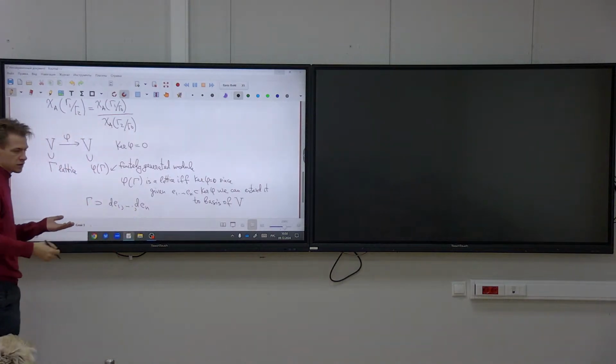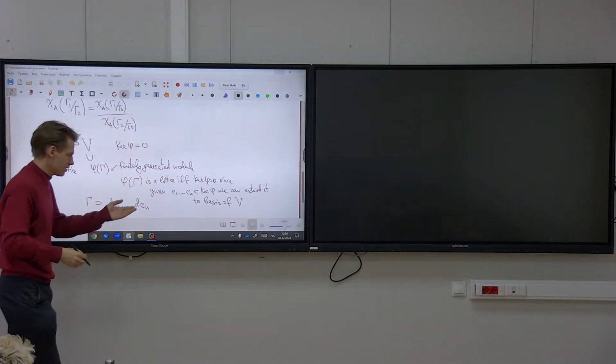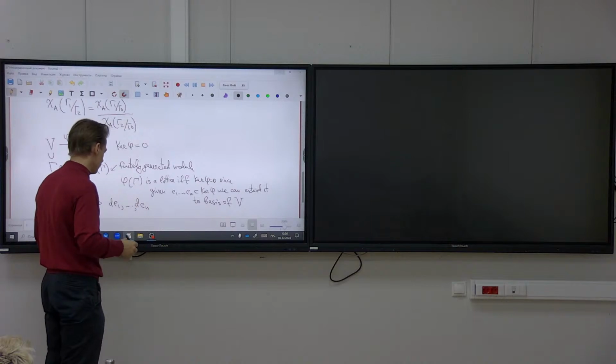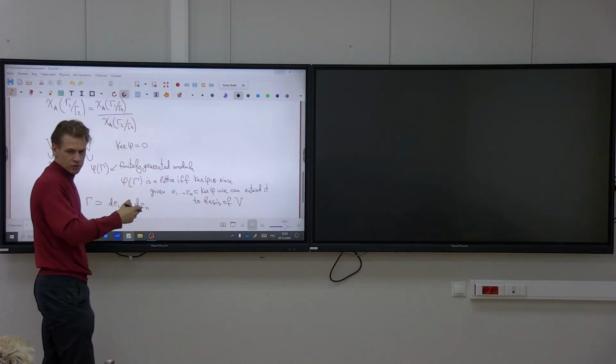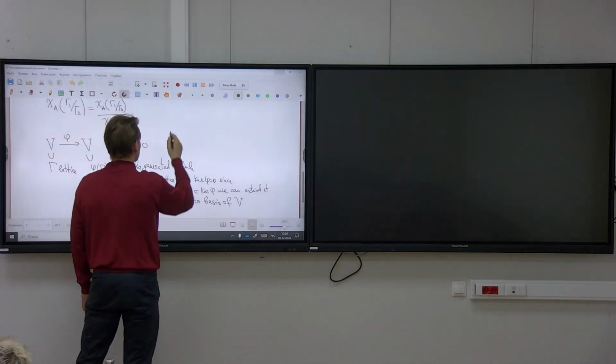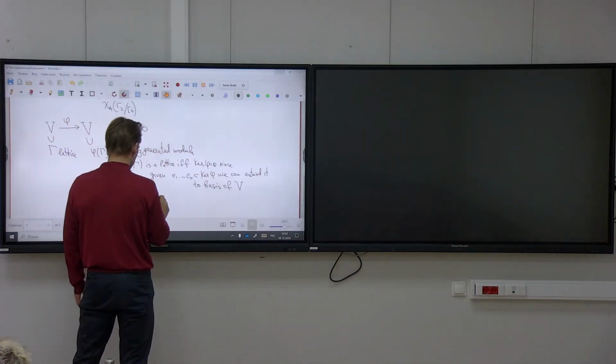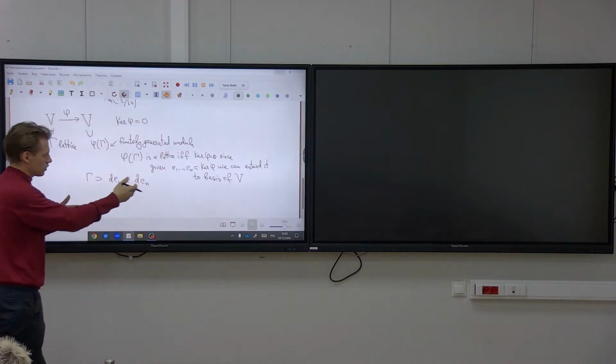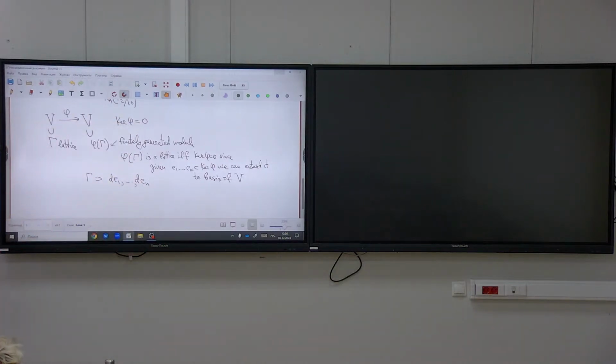And this implies that phi of gamma will be of smaller rank, just because it will be gamma modulo the part of the basis.